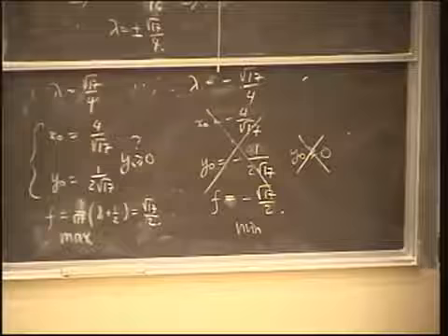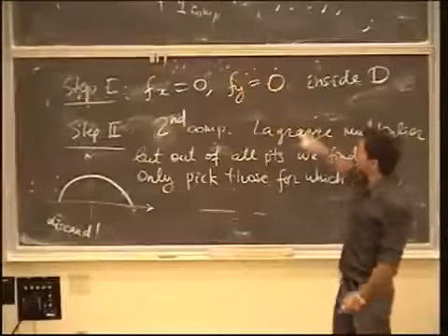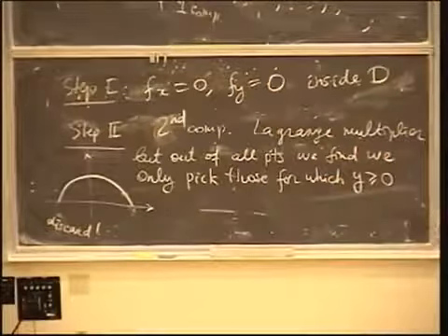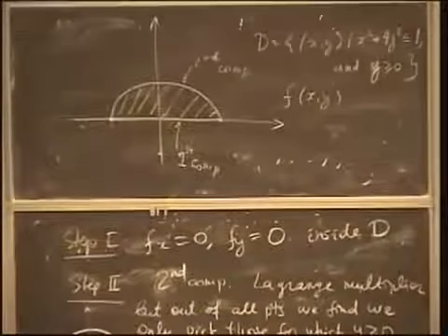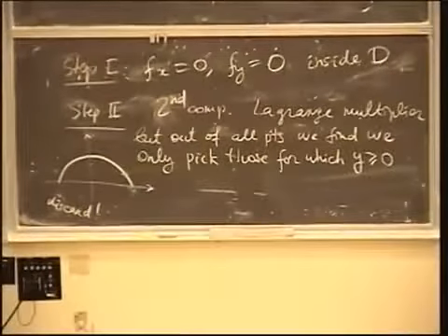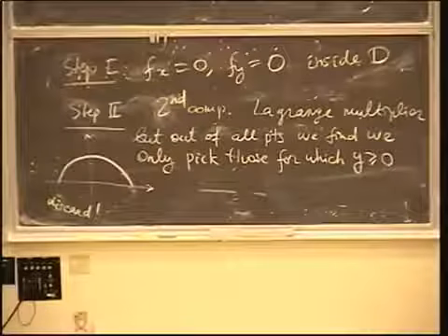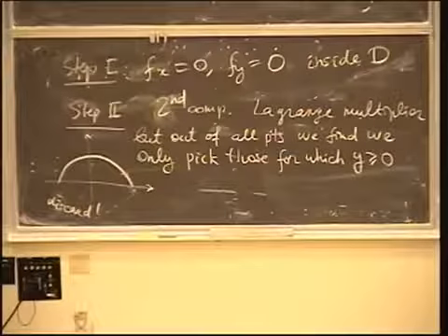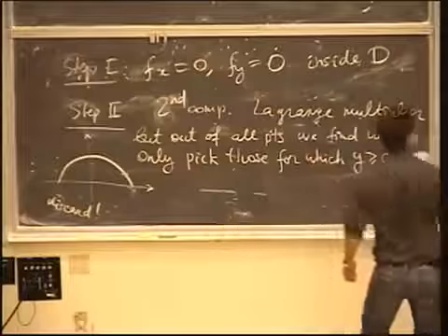For the first component, by which I mean just the segment from -1 to 1, you do it in the old-fashioned way. You just substitute y equals 0 into your function. You get a function of one variable. You find the derivatives. You find the points where the derivative vanishes.